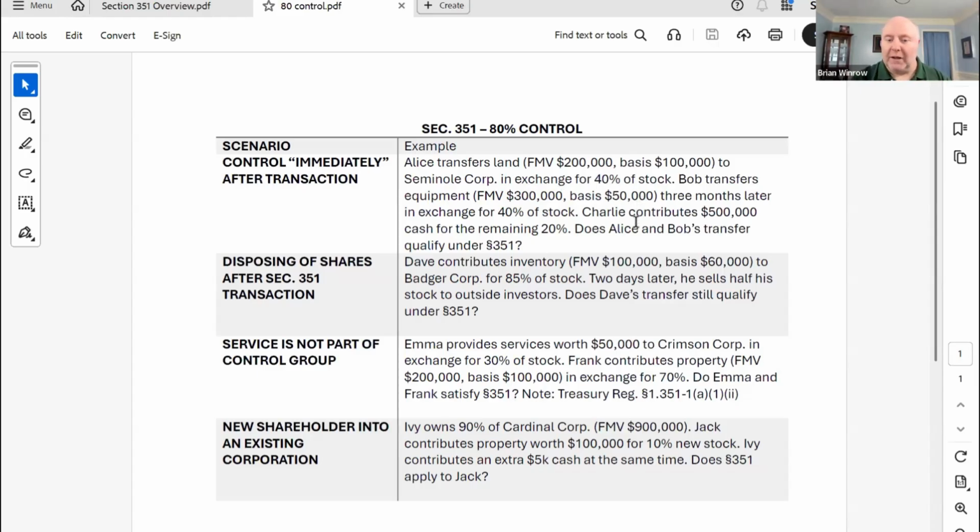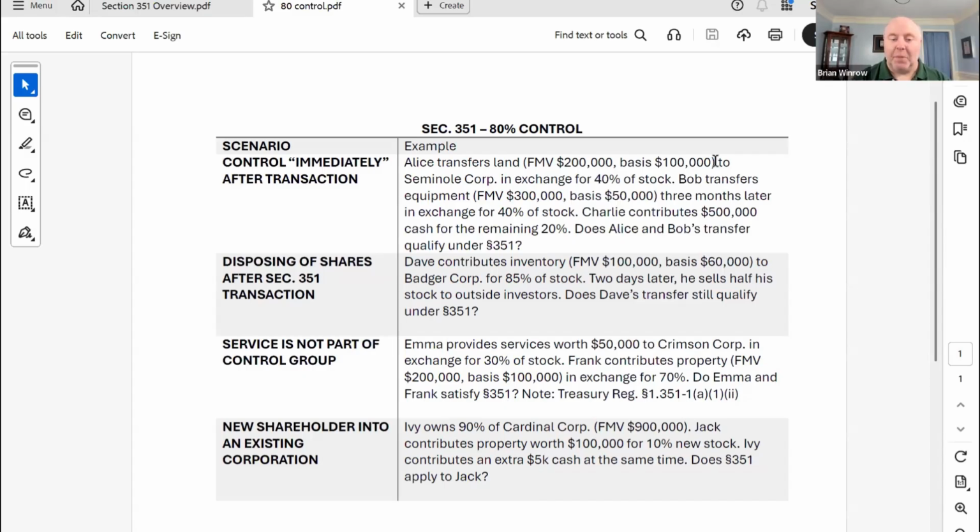So we're assuming that it was for stock. Everything else is fine. I don't see anything on step one, but the question is 80%. Well, we have 3 months separating the two, between when they executed the property exchange to the corporation.